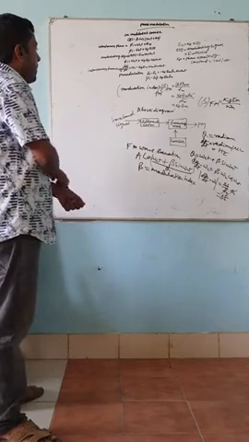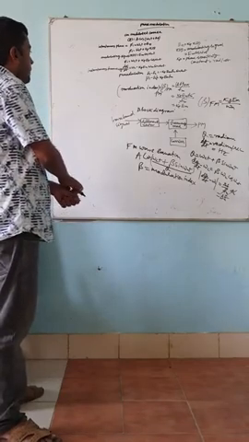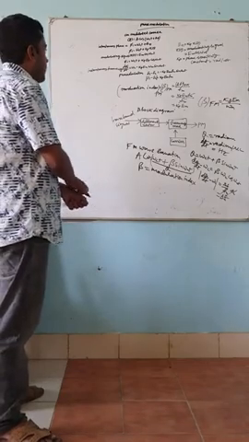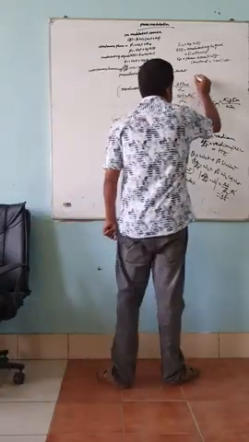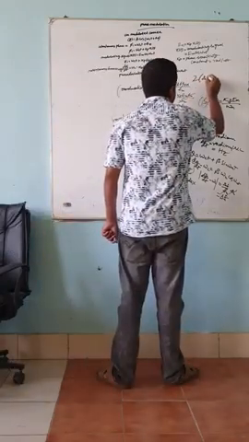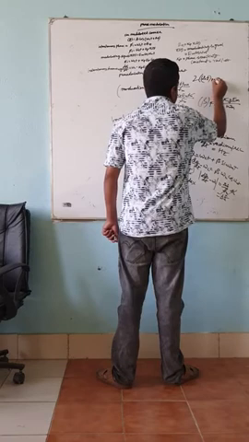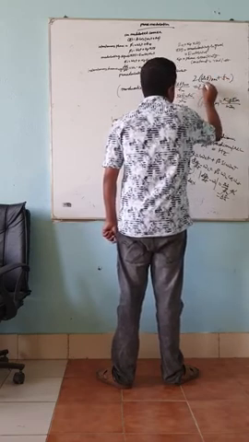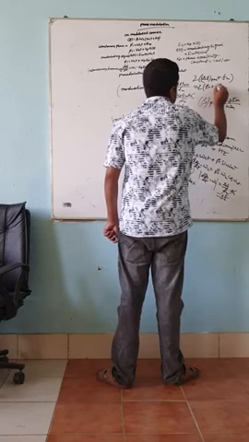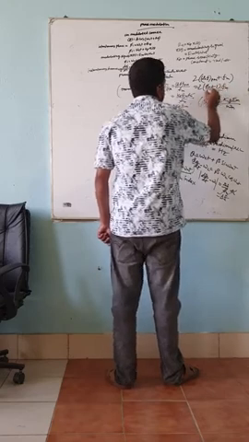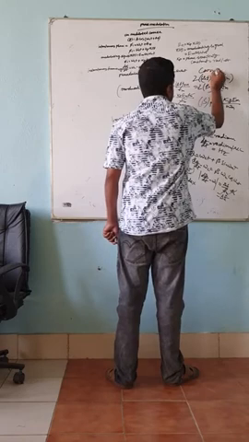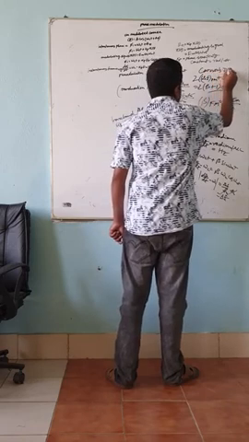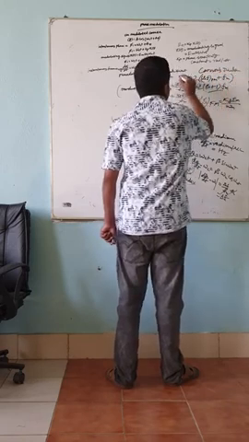You know the bandwidth of this FM modulation. For PM the bandwidth formula is the same: twice delta f plus fm, that means twice beta plus 1 into fm. This is by using Carson's rule. This is the bandwidth.